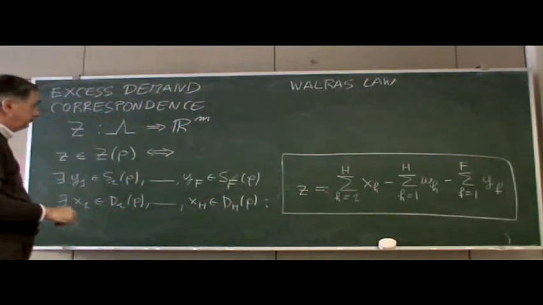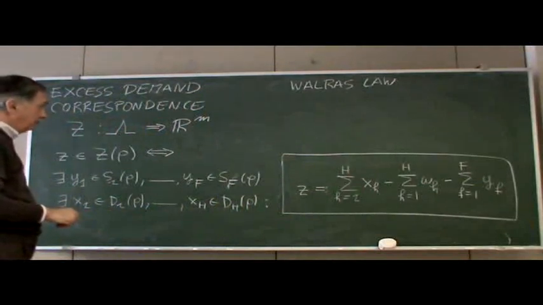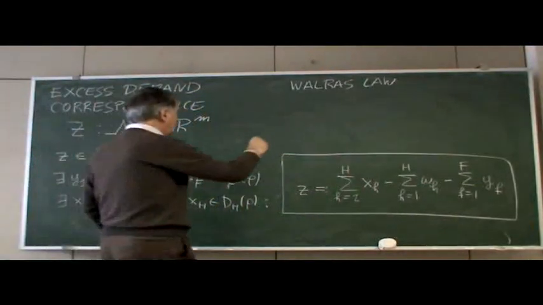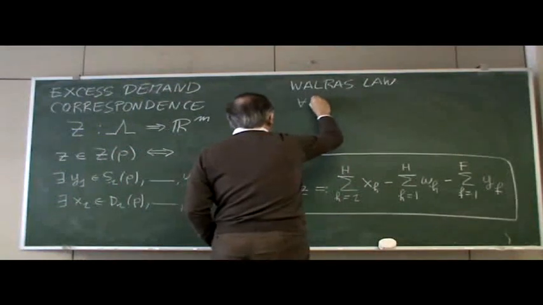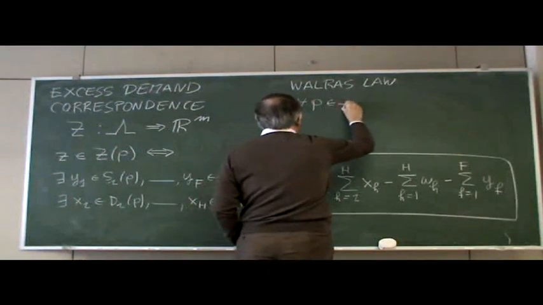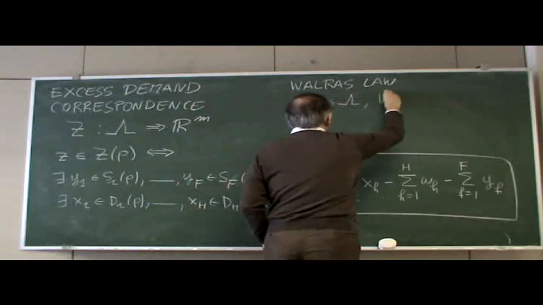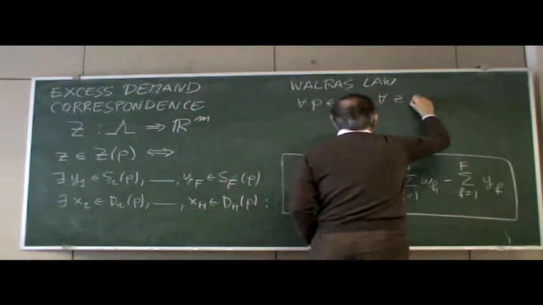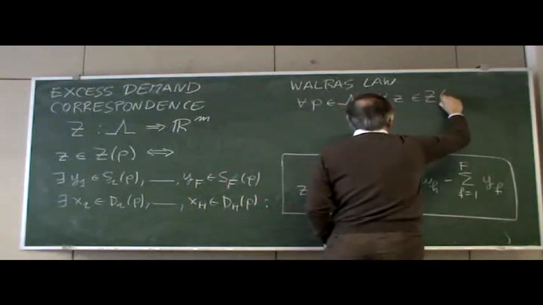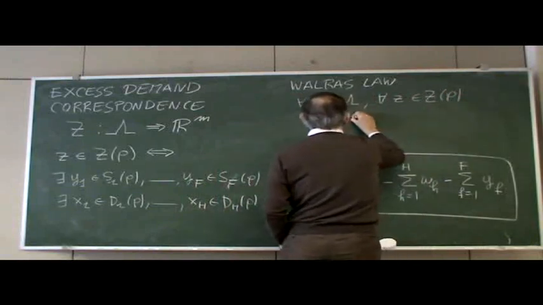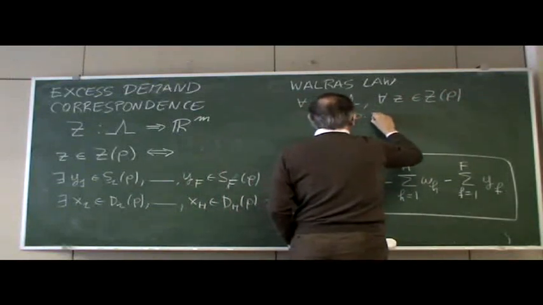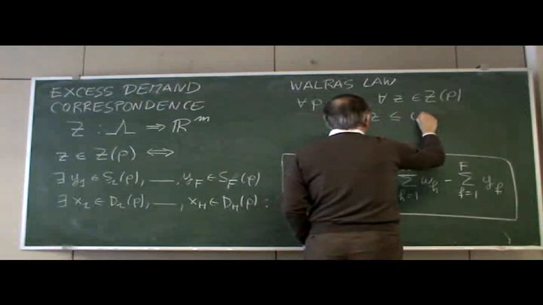Walras' law tells us that for every P in lambda, for every z in large Z of P, the value of z, p times z, is less or equal than 0.